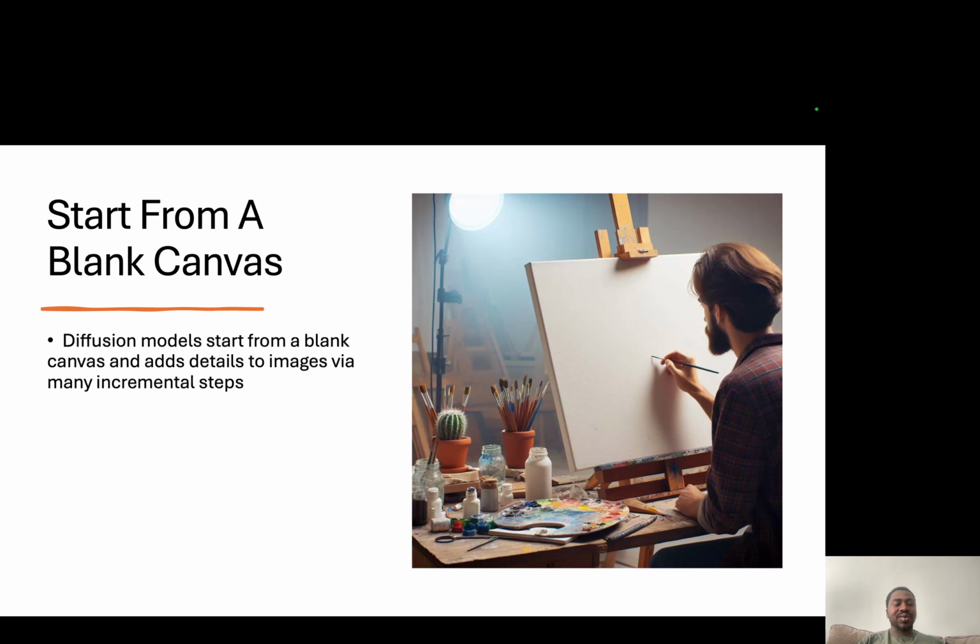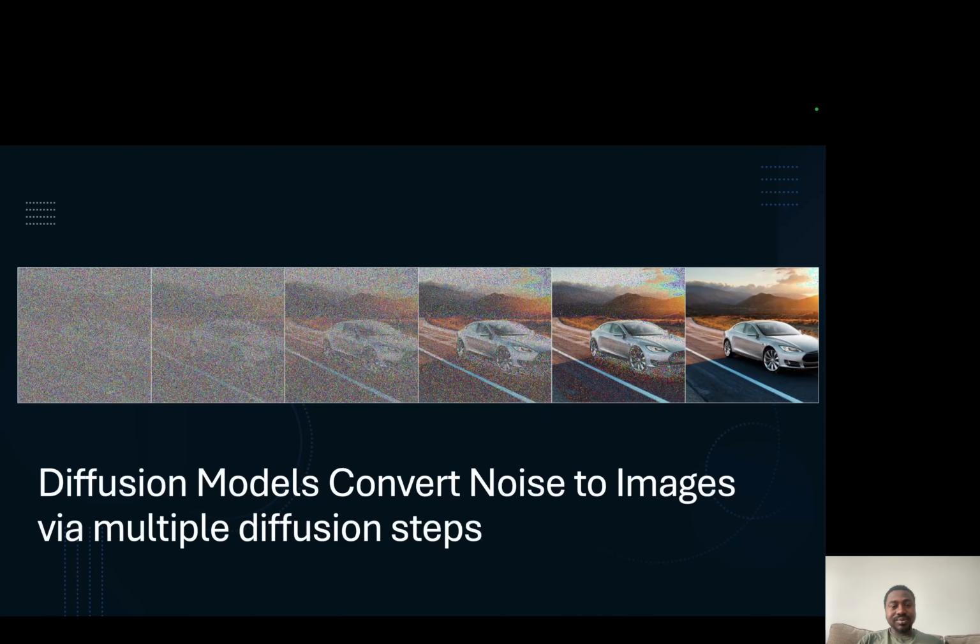Diffusion models work in the same way. They start from a blank canvas and gradually, through a number of steps, which could be 1,000 steps or 500 steps or whatever, they add more and more detail to images as they go. We'll see shortly how that works and why I compared it to drawing on a canvas.